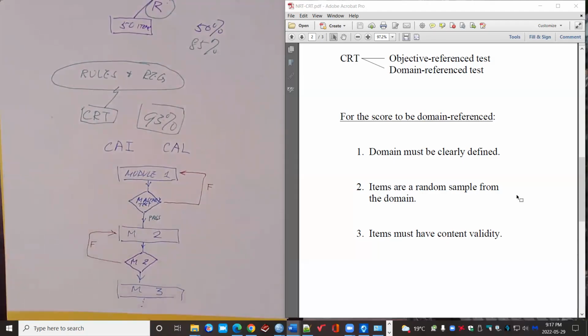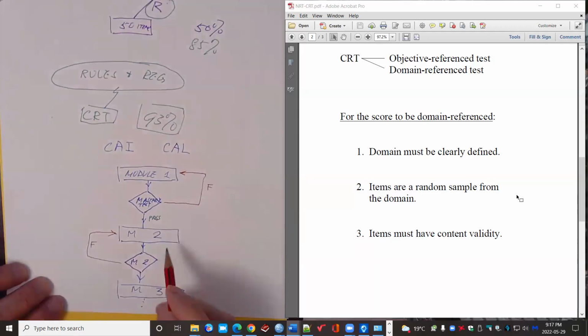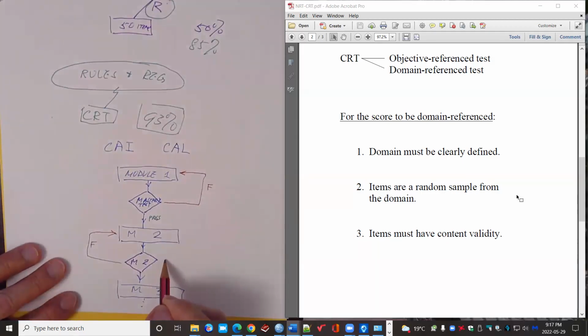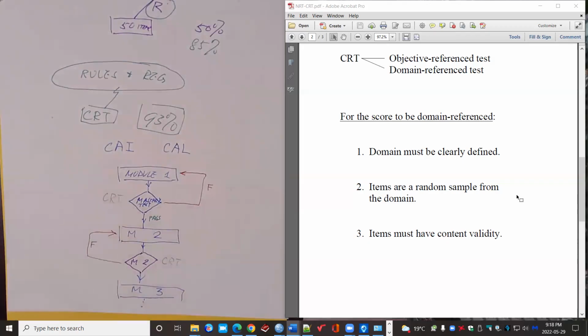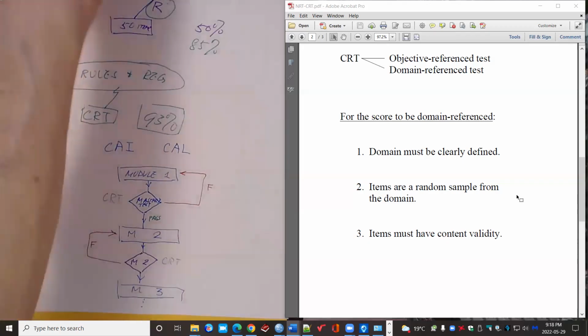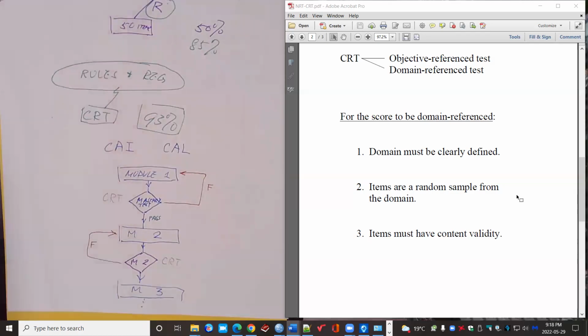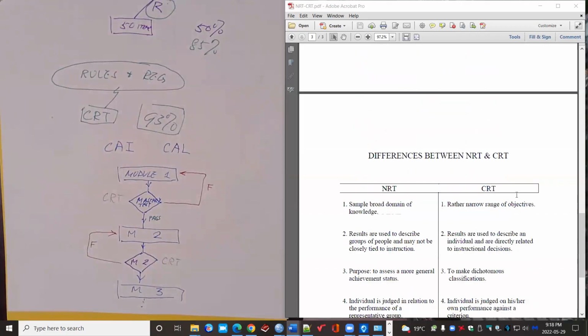Now you see, all these are criterion reference tests. So that is a good use of criterion reference tests. Okay, let's move on.